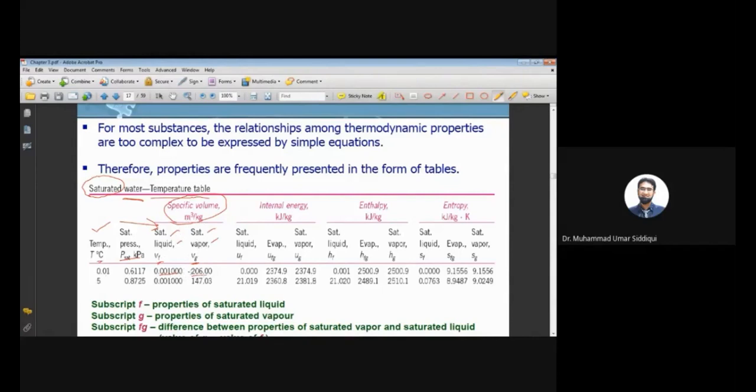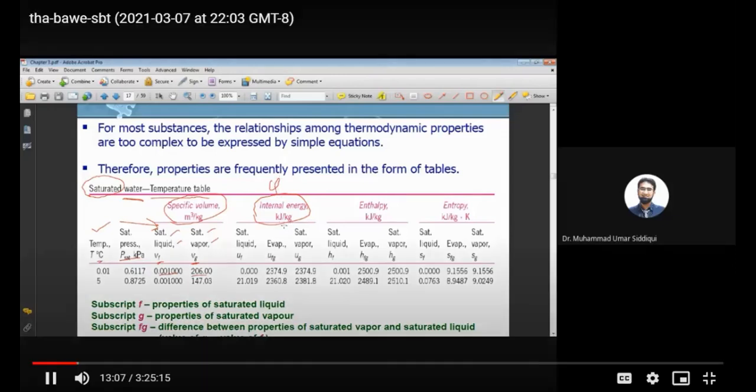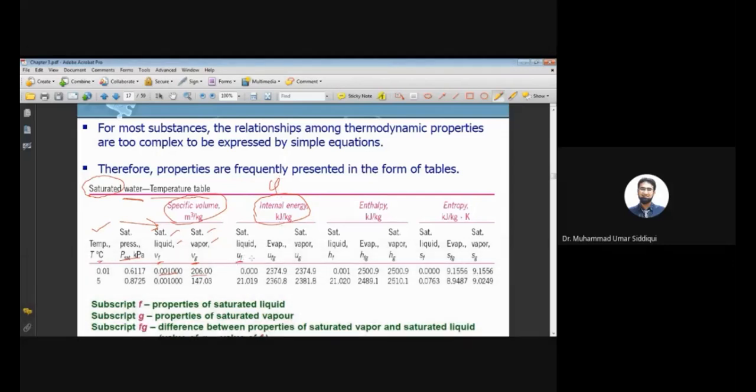Then the next column what we have is the internal energy. Internal energy we represent by U. It's a specific internal energy actually, so it's basically kilojoule per kg. So you have UF value, the specific internal energy of the fluid, saturated liquid.